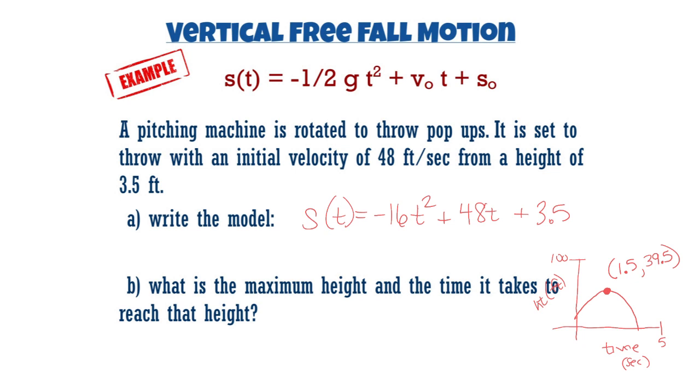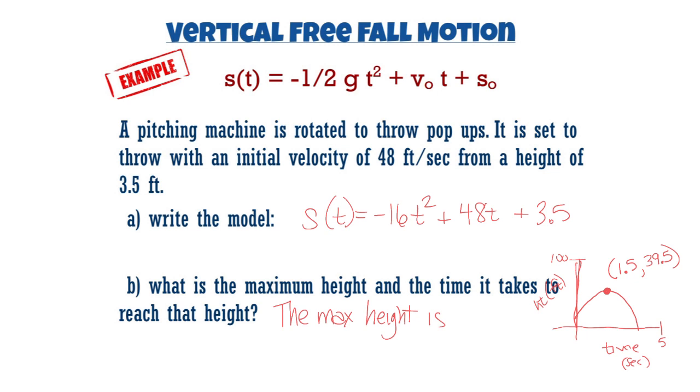Okay, so now I always want a sentence here. You can't just give me that answer. I want to know what the heck does that mean? And so the question is, what is the maximum height? So I'd say the max height is, do you know what it is? Okay, the y value is the height.